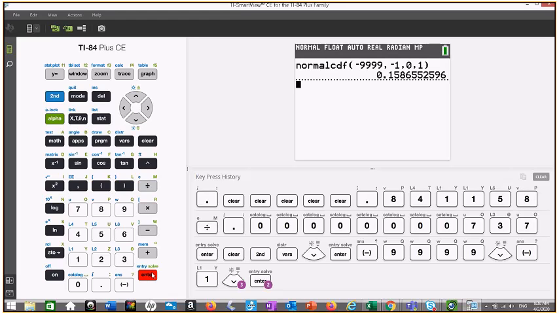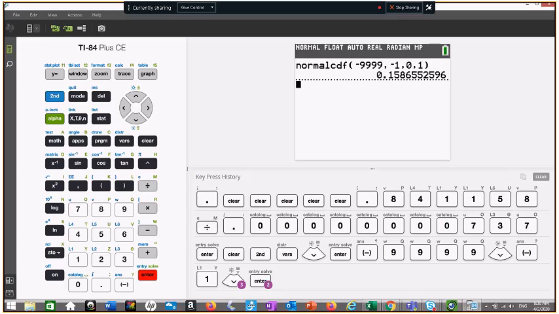So the actual is 0.1586, 0.1587. So I'm going to go below and write it in purple or magenta. My actual, it's going to get a real equal sign, and it's going to be 0.1587. That is the actual, that's the answer.